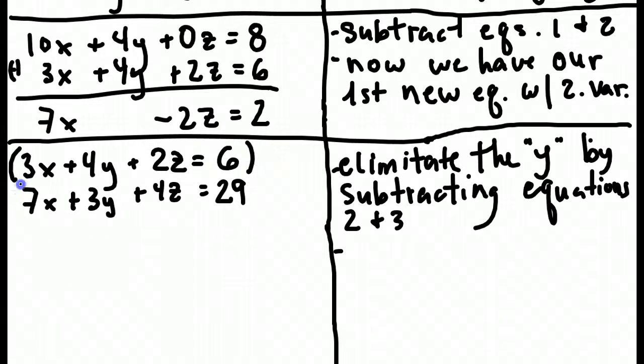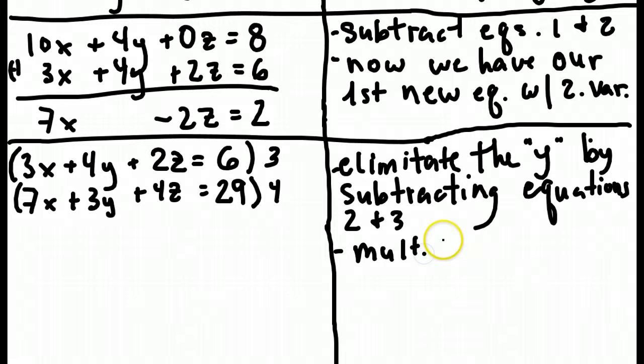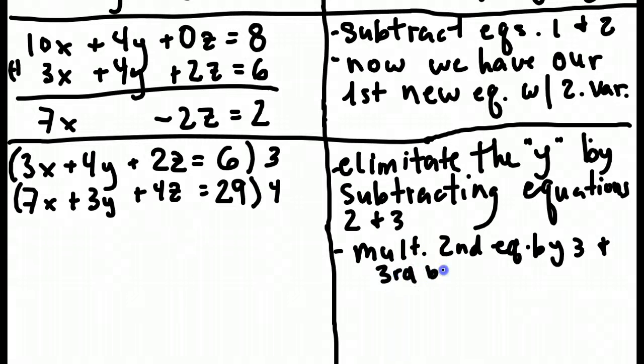So we're going to multiply the second equation by 3 and the third by 4 to eliminate the y.